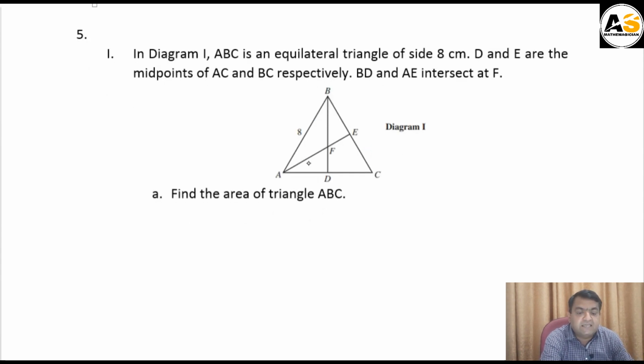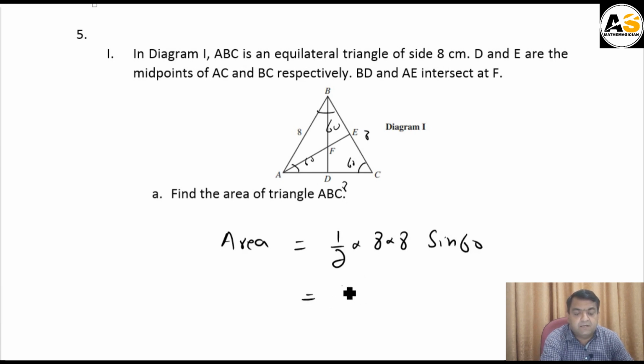Since this triangle is equilateral, each angle is equal to 60 and each side is equal to 8. So its area will be equal to 1 by 2 times 8 into 8 into sine 60.